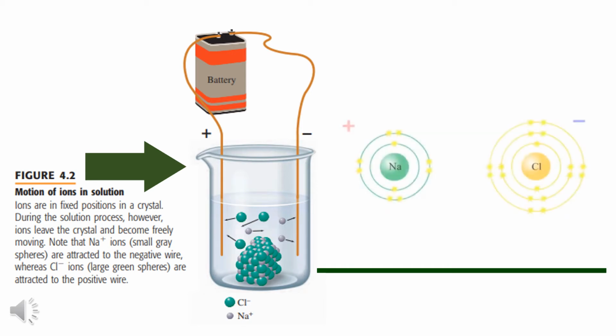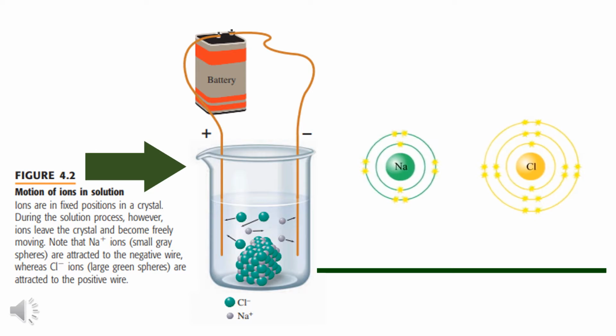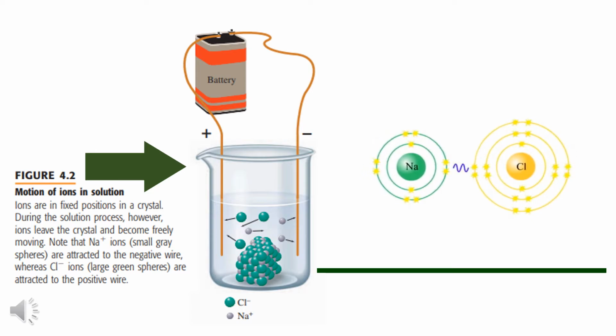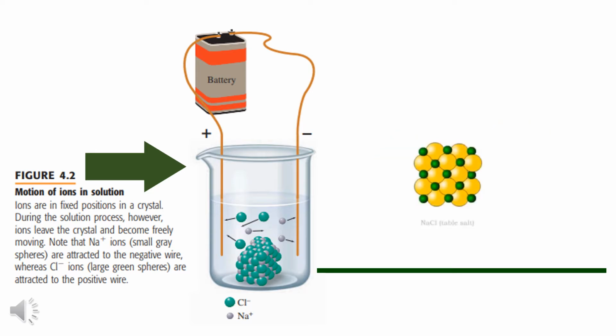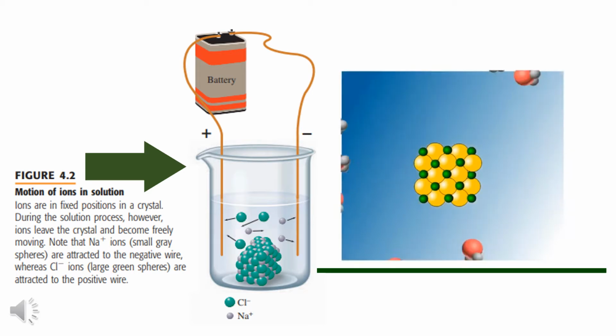Now, suppose you dip electric wires that are connected to the poles of a battery into the sodium chloride solution. The wire connected to the positive pole attracts the negatively charged chloride ions because of their opposite charges. Similarly, the wire connected to the negative pole attracts the positively charged sodium ions, as you can see in the figure.